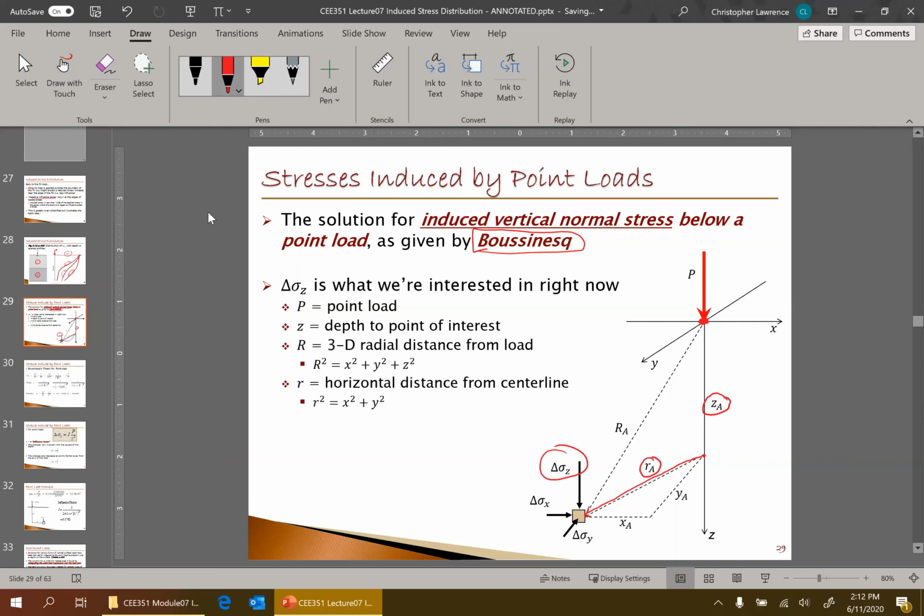What is the depth and lateral distance from the point where the point load is applied to the point of interest? So really this diagram is to give terminology. Of course, if we line up our axes, r squared equals x squared plus y squared. P is the point load, Z is the depth, not from the ground surface, which we may not even be seeing here, but from where the load is applied to the point of interest.